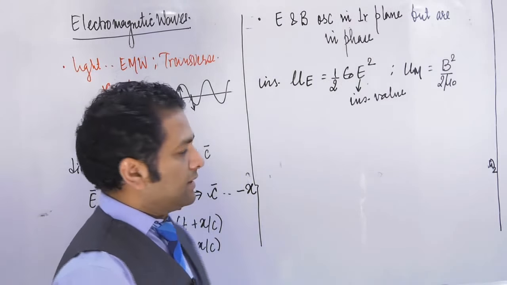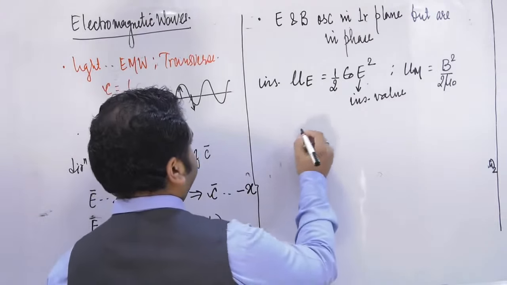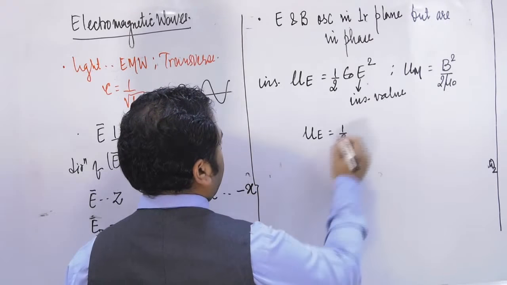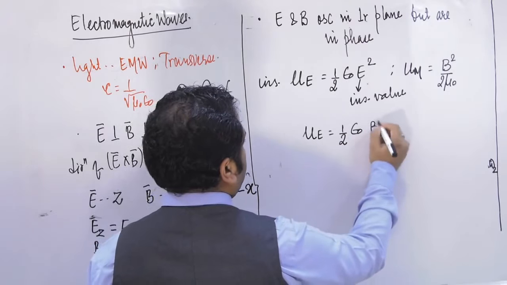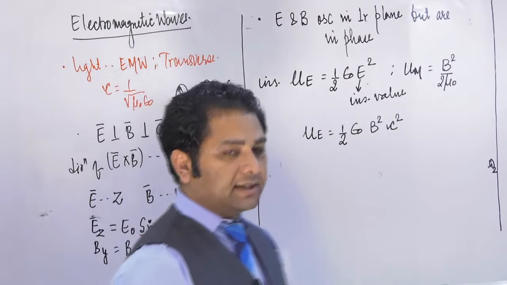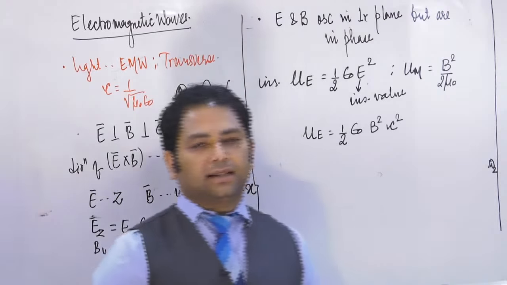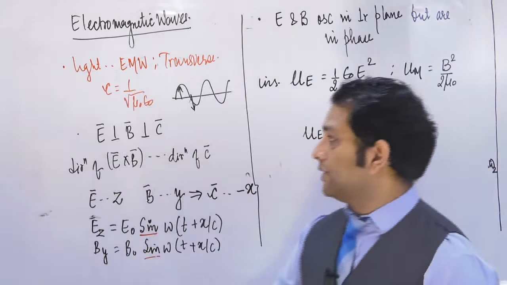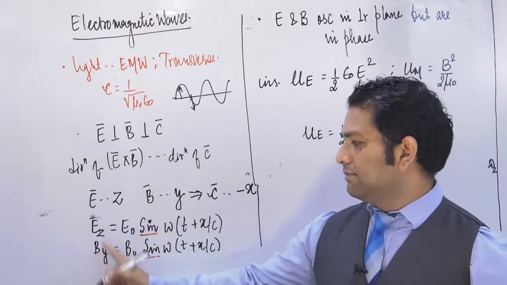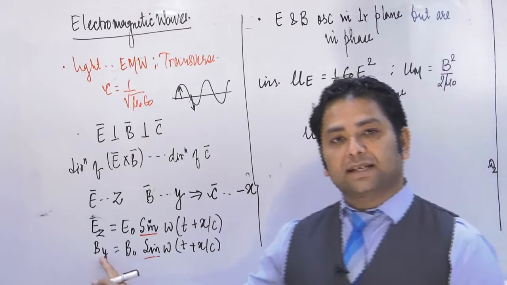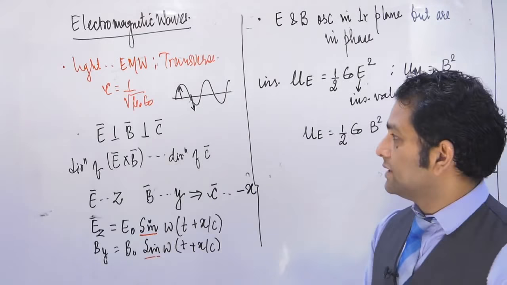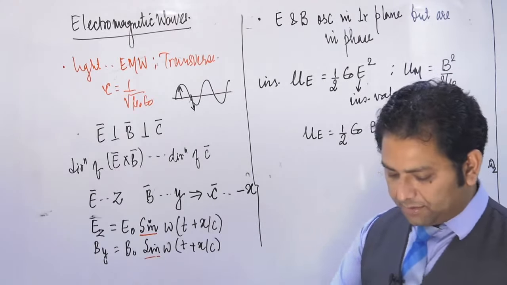Now just try to understand: the instantaneous electric energy density is 1/2 epsilon naught B square multiplied by c square. I've taken it for granted that all of you know that the speed of propagation, apart from 1 by root of mu naught epsilon naught, is also the ratio of E by B. The speed c can also be written in this way.